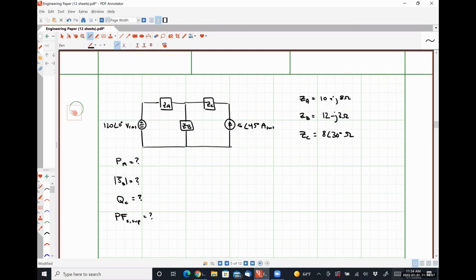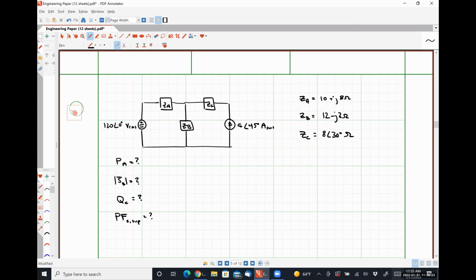Okay, for our loads, ZA, ZB, and ZC, we can use our alternative relationships we just developed 5 minutes ago, which are dependent only on knowing either the RMS phasor voltage or the RMS phasor current, right? So that effectively eliminates half of the information that we're looking for.